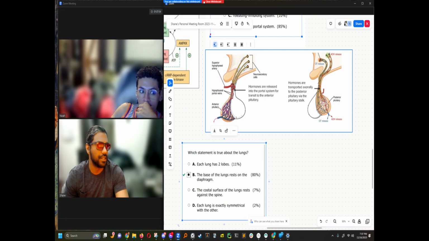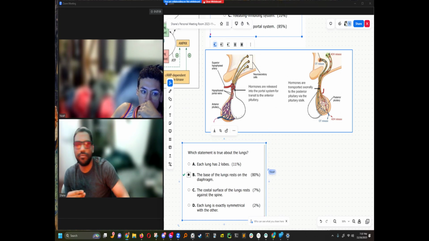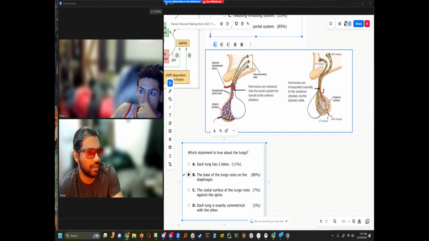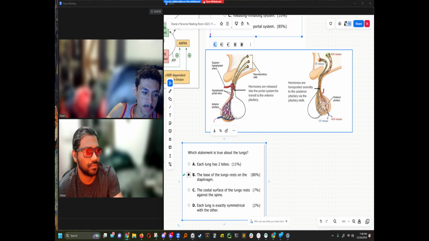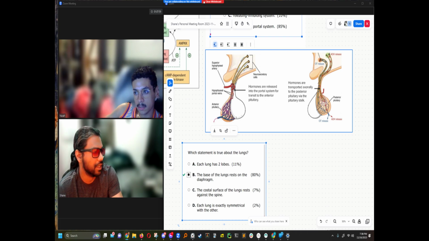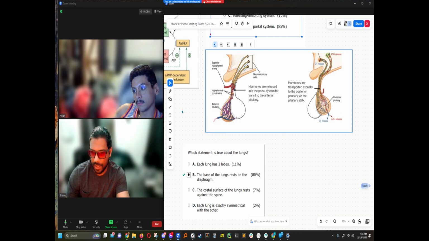Okay, I see. Something about the lungs that's kind of weird is that they're asymmetrical when it comes to the type of lobes they have. I know it would be less on the left because the heart needs to make space. Yep. Here, I can probably find a good picture. So it's essentially going to be like this.